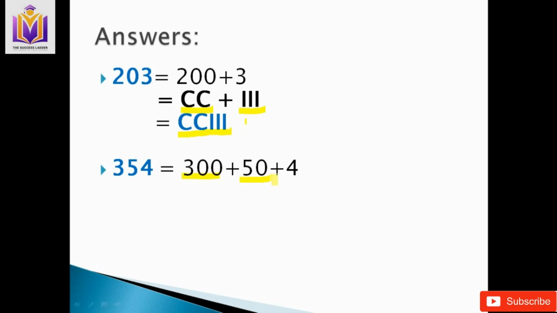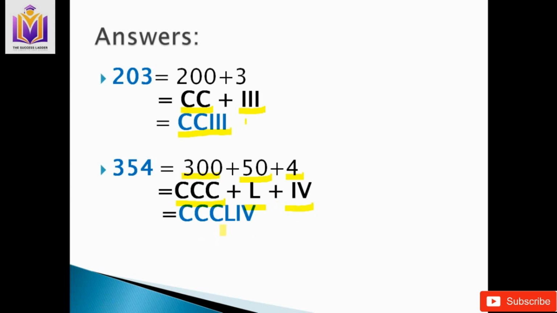Now let's see the other one. 354 can be written as 300 plus 50 plus 4. So here we have split all this. Now the time is to write down all these 3 in Roman numerals and then to club them. 300 we can write as triple C. Instead of 50 we can write down L in Roman numeral, and 4 we can write as IV.